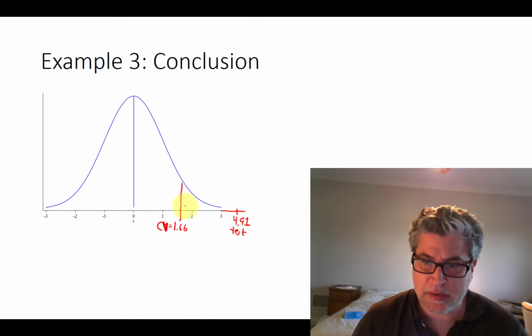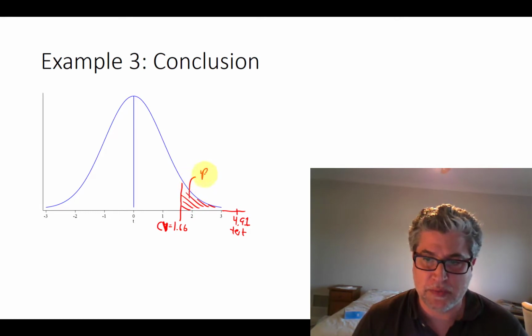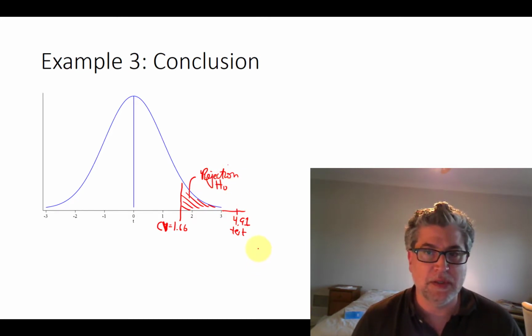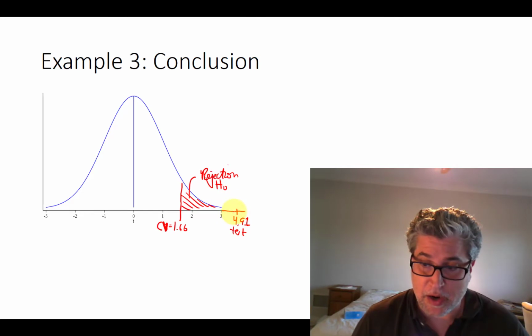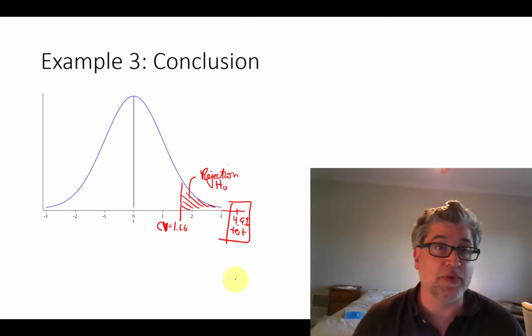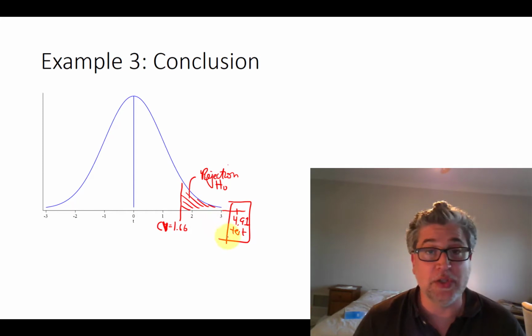Which would be most definitely in the rejection region. Where you would reject the null hypothesis. All right, well that's fantastic because that's what we want. We wanted to prove that our class actually did improve learning by at least 10 points. And so we can conclude that it did.